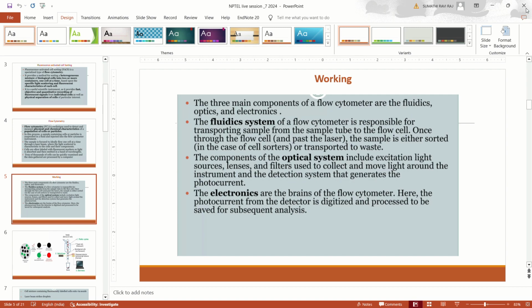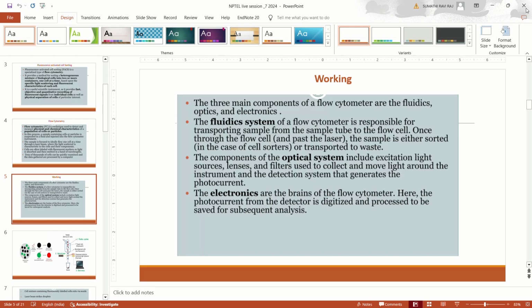The main components are fluidics, in which your sample flows, then the optics, your laser, etc., and then your electronics, the system associated with separation, your detector, your processor, and also your computer.